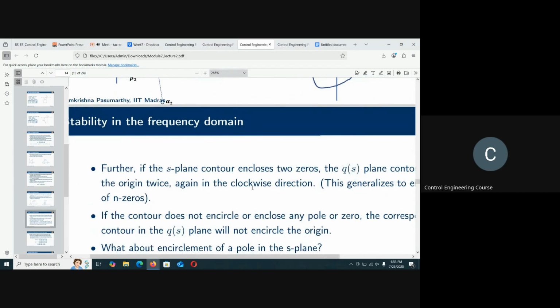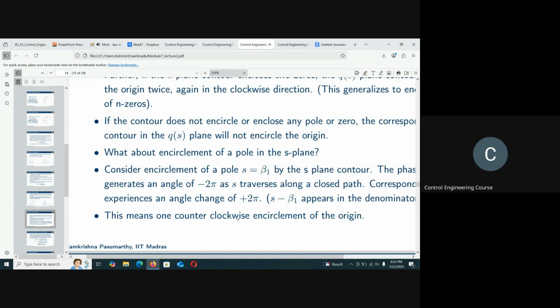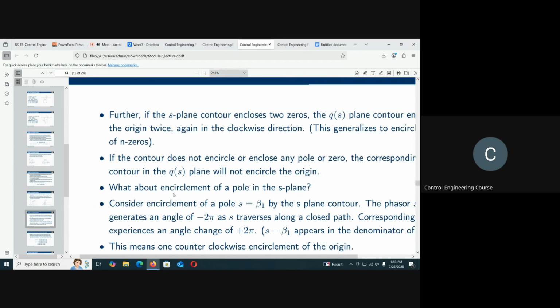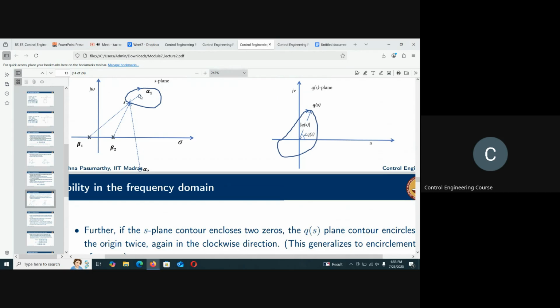Now, similarly, if the S-plane contour encloses two zeros, alpha 1 and alpha 2, both inside, this will complete two loops around the origin: one due to S minus alpha 1, another due to S minus alpha 2.